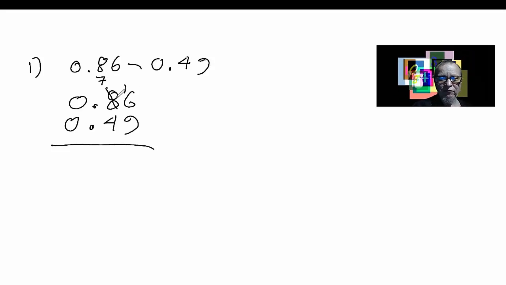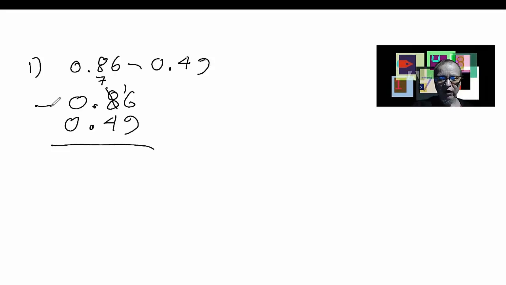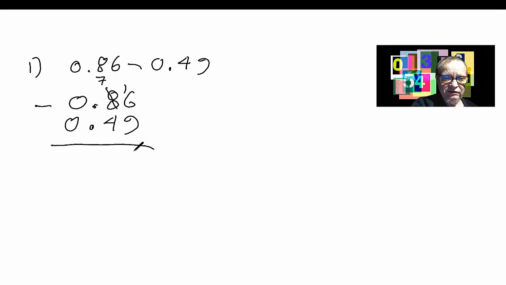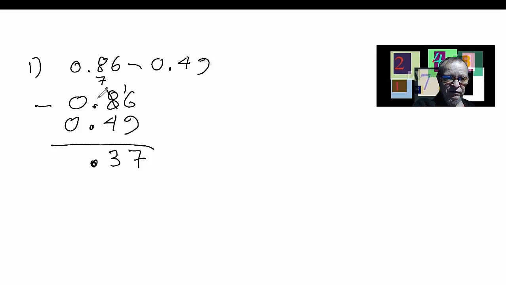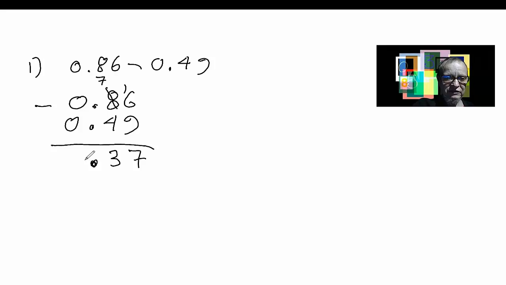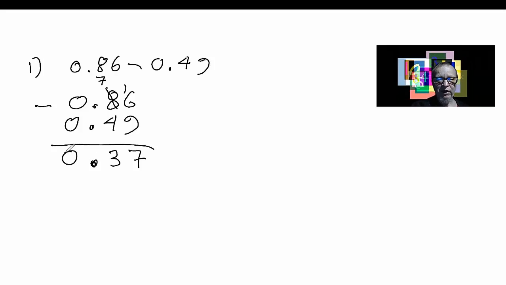And there we have 16 minus 9, because we have to subtract, and we get 7. And because we borrowed, the 8 becomes a 7, so it's 7 minus 4, and that gives us 3. And then point, because we bring down the decimal point, and we have 0.37.